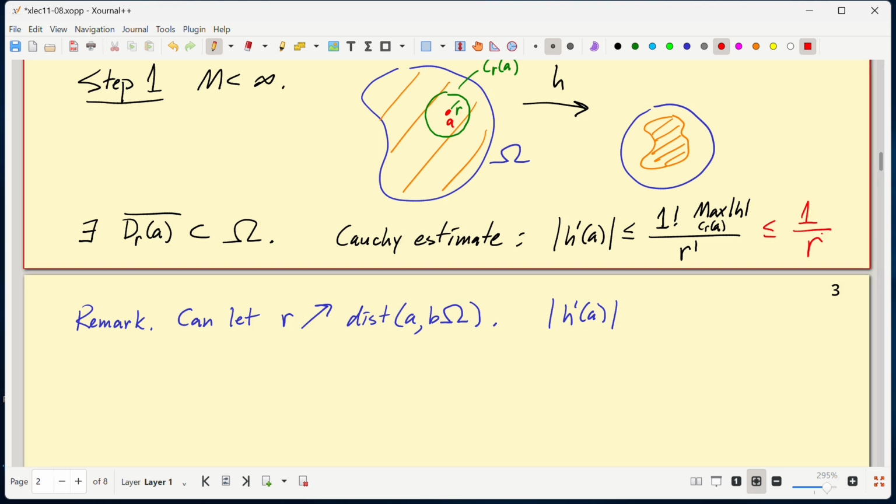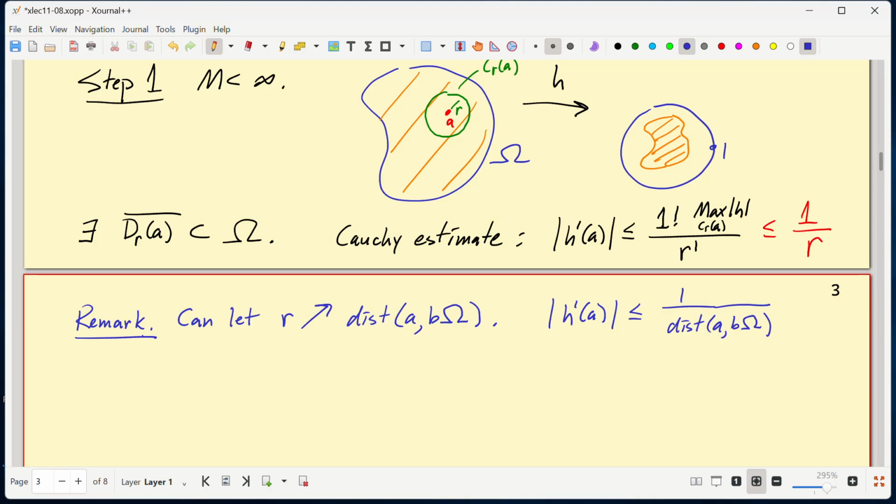So I get 1 over r there. So this is actually less than or equal to 1 over the distance from A to the boundary of omega. But we don't need anything that refined. So that's easy.